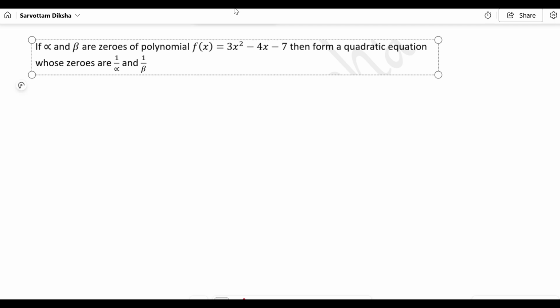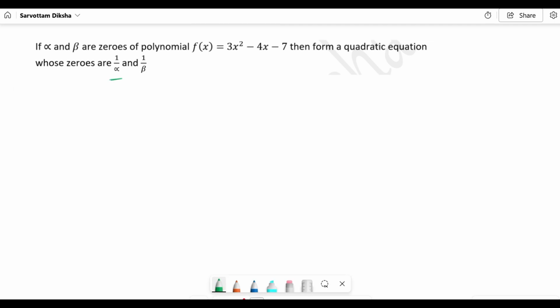Here they have given me a quadratic polynomial whose roots are alpha, beta, and they want me to find a new quadratic polynomial whose roots are 1 by alpha, 1 by beta. So I have to find this expression x square. I know the quadratic polynomial is given by x square minus sum of roots x plus product of roots.